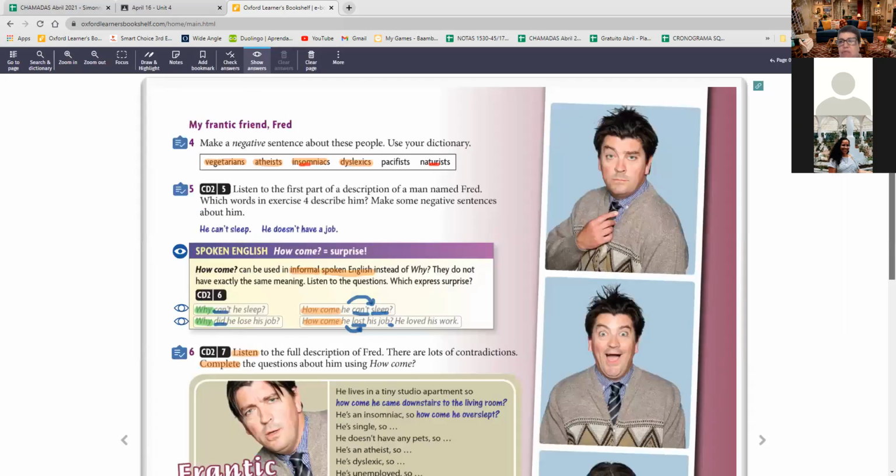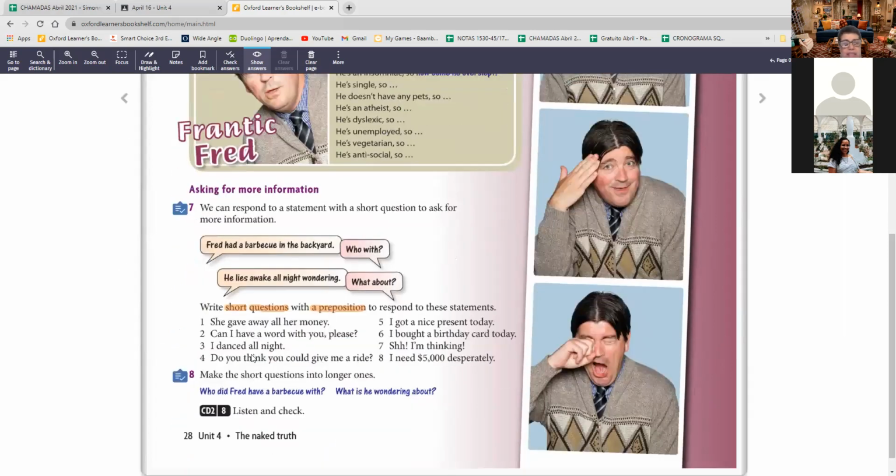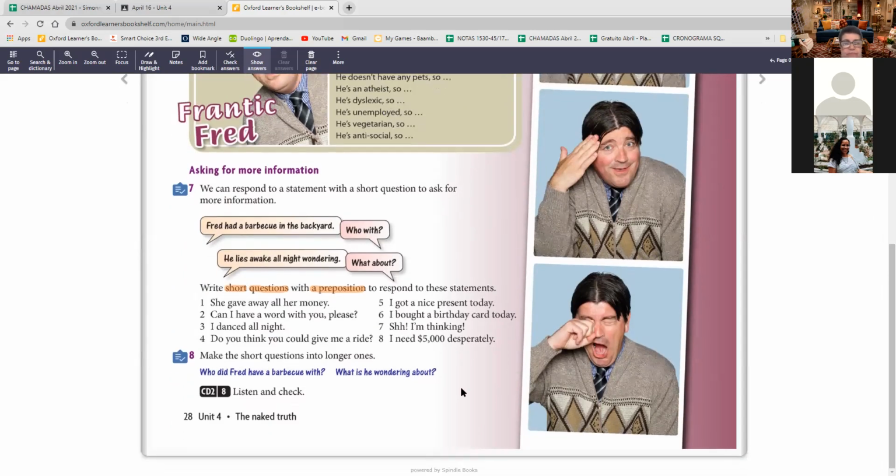So probably that's a very good way of correcting this mistake here. I bought a birthday card today. Oh, who for? Okay, because of the verb to buy. All right. But anyway, it's a matter of interpretation, because when you buy a birthday card, I understand that you will give this birthday card to a person or send this birthday card to someone via regular mail.